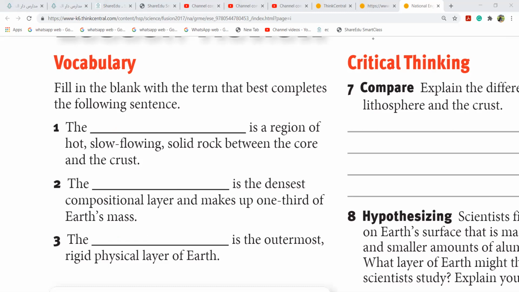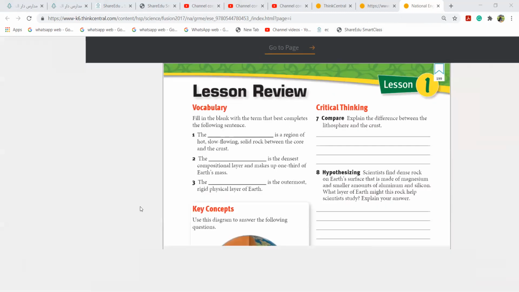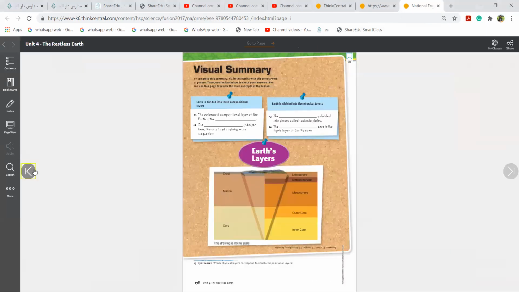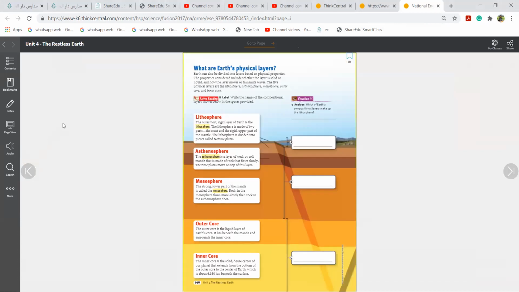It's written that the strong lower part of the mantle is called the mesosphere. Which is the densest one?